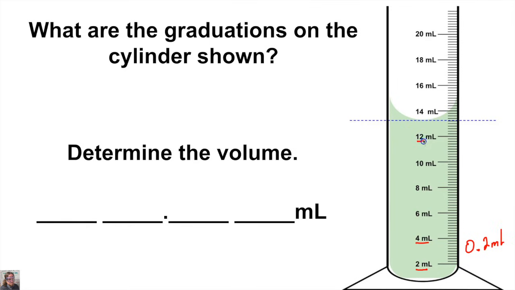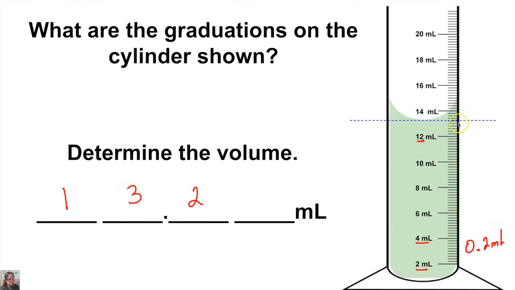So if this is 12 milliliters, we know with 100% certainty that the liquid in this graduated cylinder is going to end up being 12.2, 12.4, 12.6, 12.8. It's going to 100% be at least 13 milliliters. So we know it's 13 milliliters with 100% certainty. And then if we take a closer look, it's 13.2 milliliters with 100% certainty.